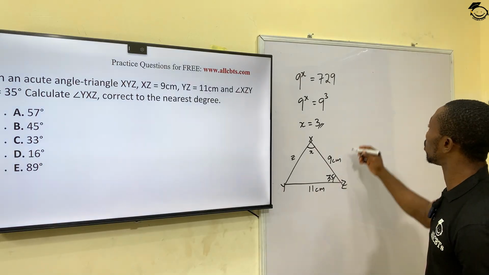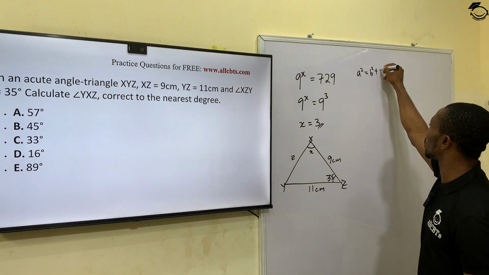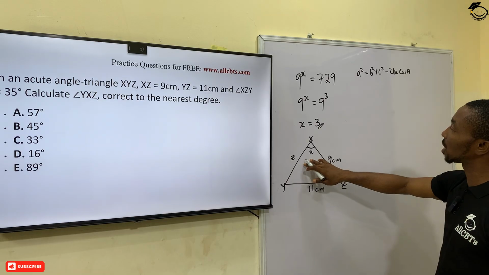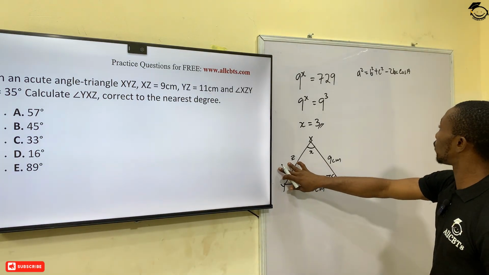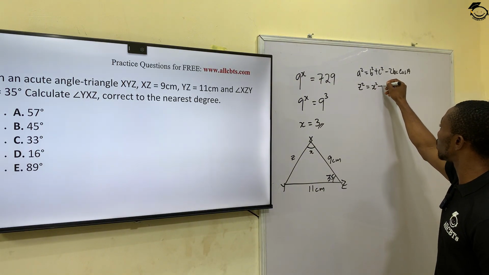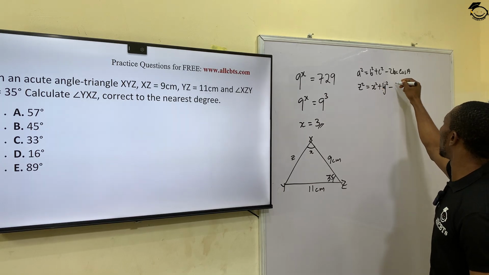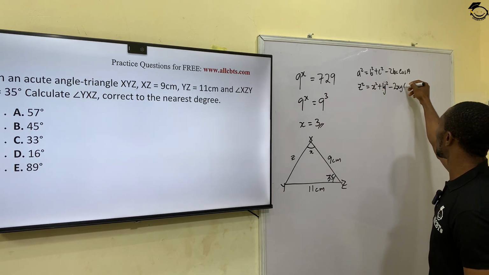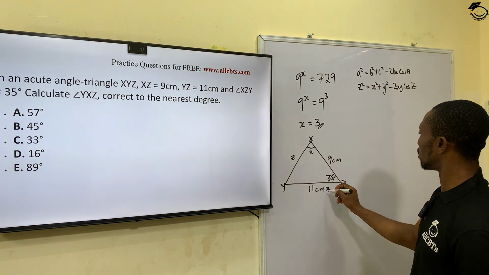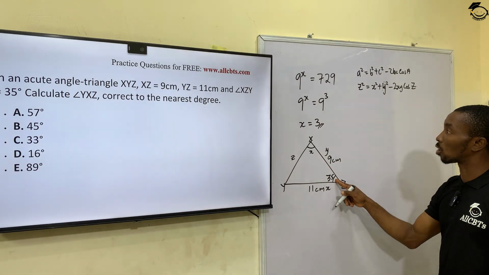Now, our cosine law states that a squared equals b squared plus c squared minus 2bc cos A. In this case, since we are looking for z, this will be z squared equals x squared plus y squared minus 2xy cos z. Now, x is this, our y is this, and our z is this. This is our cos z.